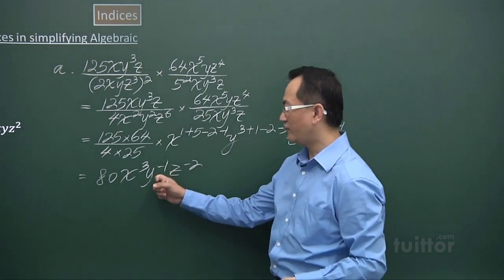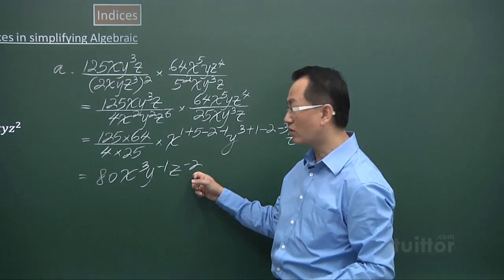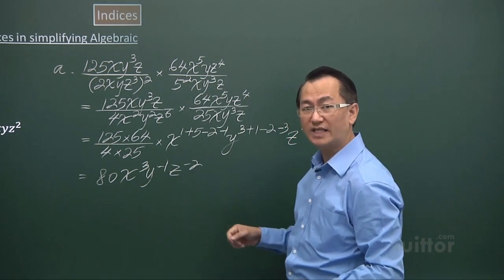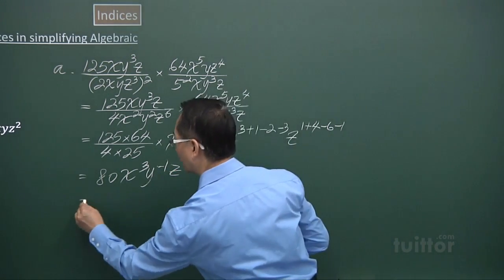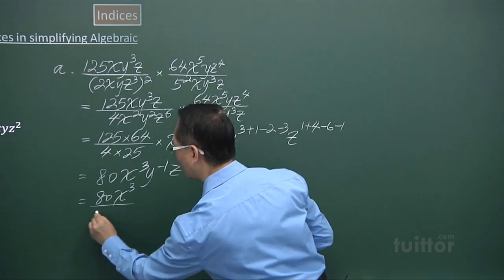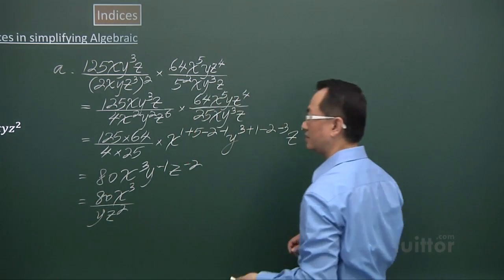Now where I have the negative integers, I will take the reciprocal of that and then remove the negative sign. So I have 80x cubed over y times y squared.